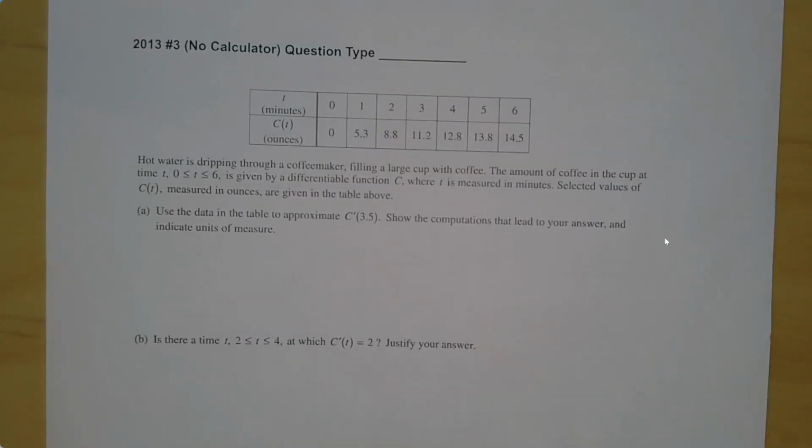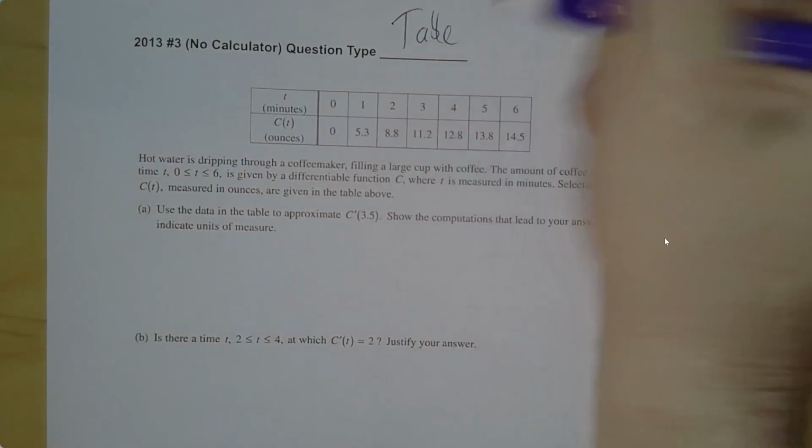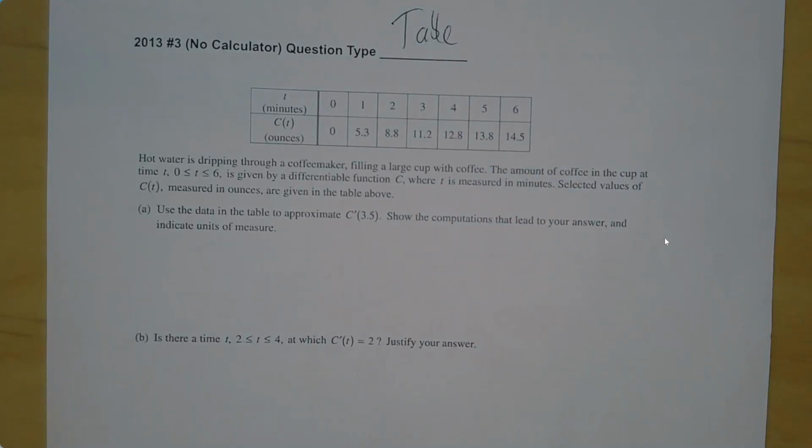All right, so this is obviously what kind of problem? The table. So again, if you're following along with me right now, take a second, do this problem, try it. Again, this is from 2013, my test from 11 years ago.